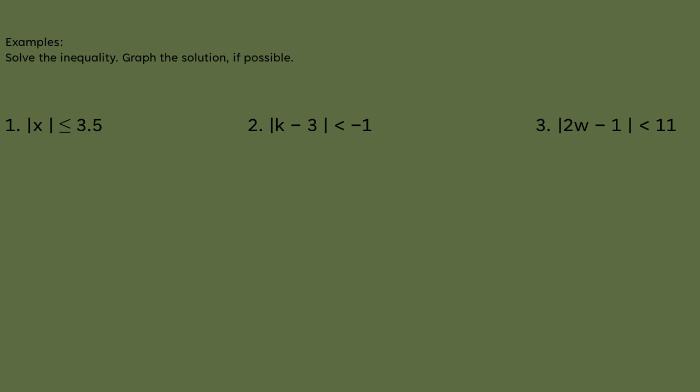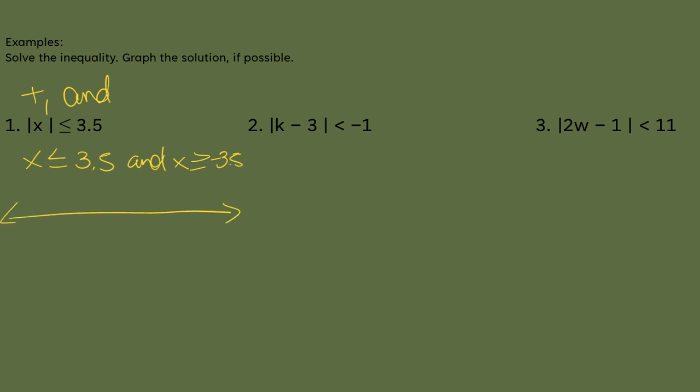Now let's look here. The absolute value of x is less than or equal to 3.5. Is a 3.5 positive? And it's going to be "and", which means it needs to intersect, right? So I'm going to have x is less than or equal to 3.5 and x is greater than or equal to negative 3.5.